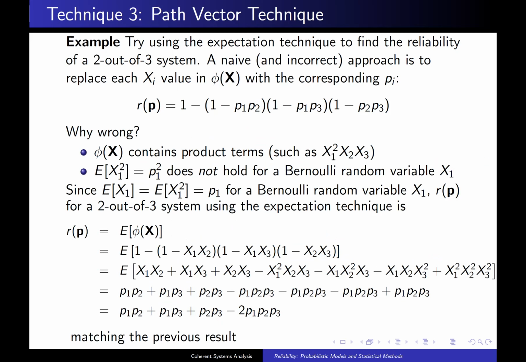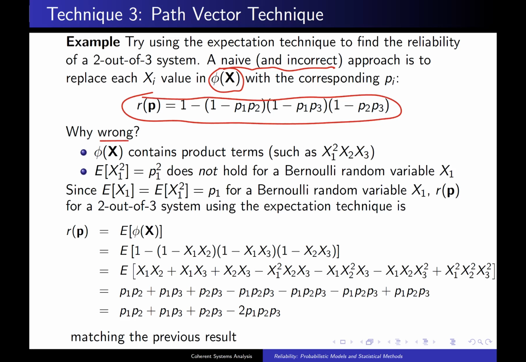Here is another way of looking at it. It says try using the expectation technique to find the reliability of a 2 out of 3 system. If you take the naive approach, which is also incorrect, and simply take your phi function from the previous page, and everywhere you see an x put in a p, you would get this reliability function, which is wrong. Why was that wrong?